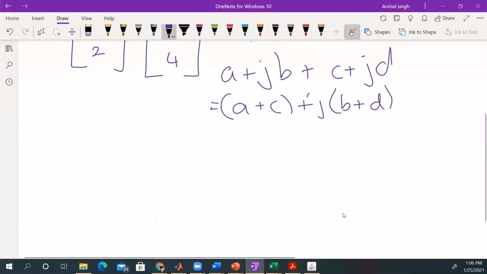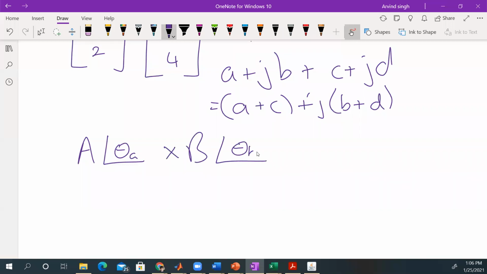And if I want to multiply, I typically leave it in the polar form. So I will have A angle theta A, multiplied by B angle theta B, and that is going to give me AB angle theta A plus theta B. This is the powerful thing about phasors for use in AC analysis, this multiplication where we can simply multiply the magnitudes and sum the angles.